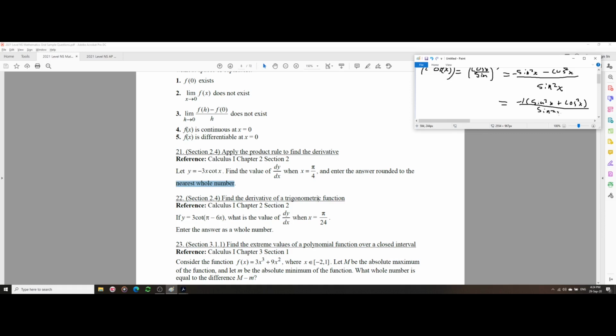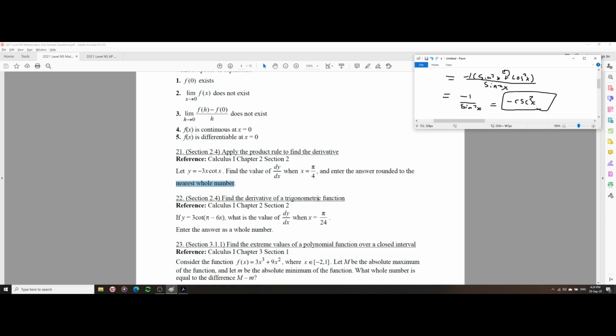We all love simplification, we just hate it to be long and difficult. So sine squared plus cosine squared is 1, that's the simplification. So minus 1 over sine squared x. 1 over sine is cosecant, so that's minus cosecant squared x. And there you have it. We did the derivative of tan, derivative of cosecant, derivative of secant, and finally derivative of cotan.